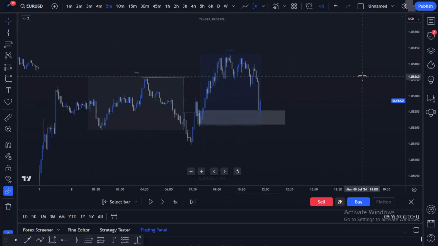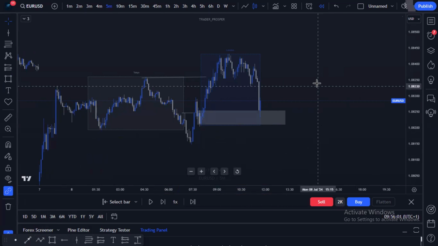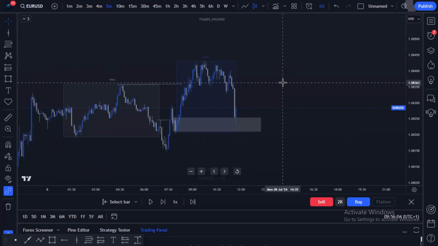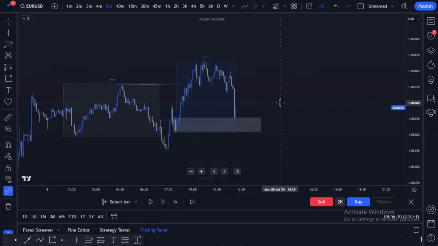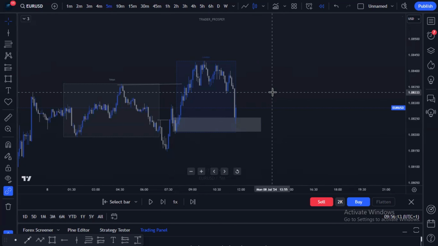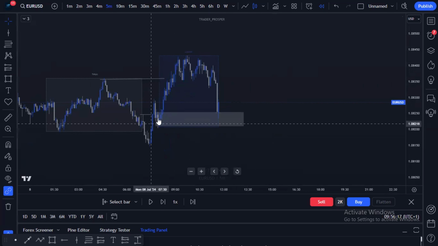Like I said before, entering such a point, I didn't want to talk about this kind of setup before, but for the sake of this entry that did happen at this point, I will talk about it. Now, there were two order blocks that presented themselves at this point. This one here and this one.